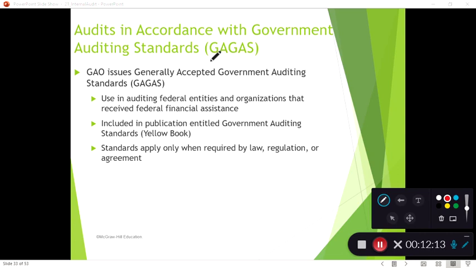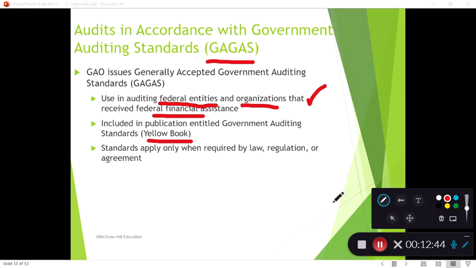And looking again, we're talking about governmental auditing standards, generally accepted governmental auditing standards. So where is that generally used? Federal governmental entities and organizations that get federal money, right? Those are the firms that would check the box for that. The standards themselves are included in the Yellow Book, which is the name for their standards.